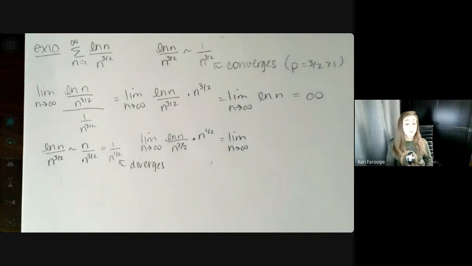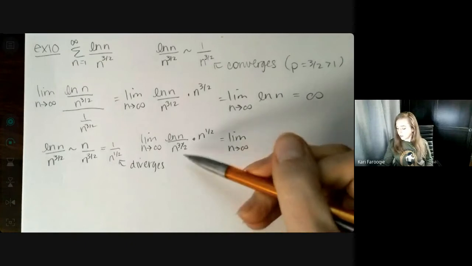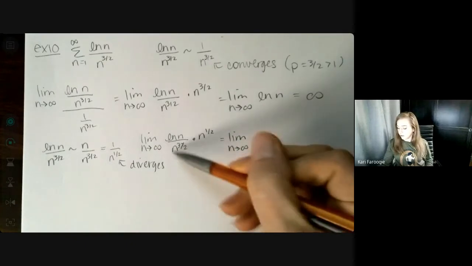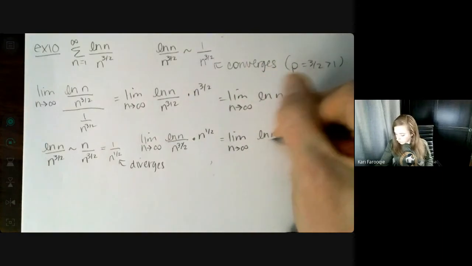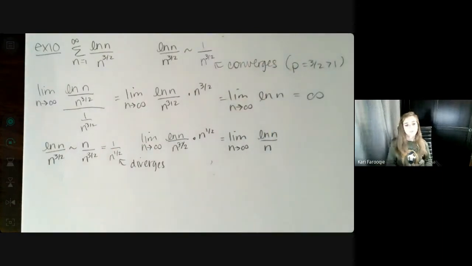When you cancel out here, remember that n to the 3/2 is just n times n to the 1/2. So if you cancel out n to the 1/2, that just leaves you with n in the denominator. Or you can do the subtraction: 1/2 minus 3/2 is -2/2, which is -1, which leaves you with n to the 1st in the denominator.